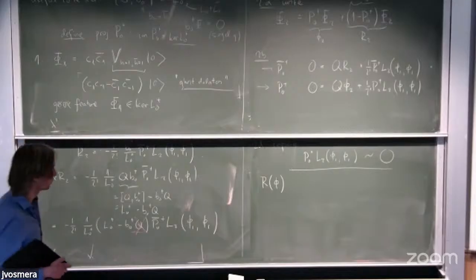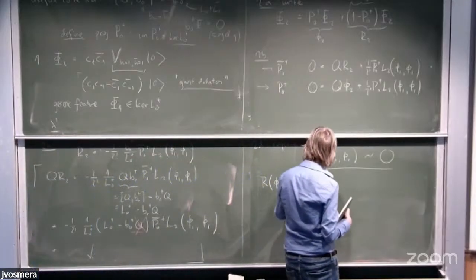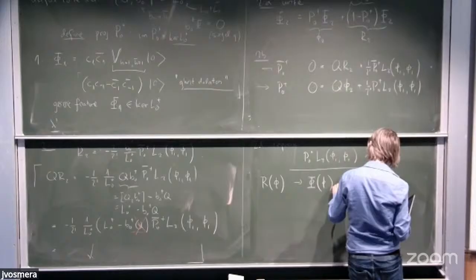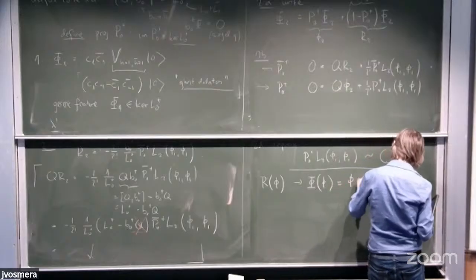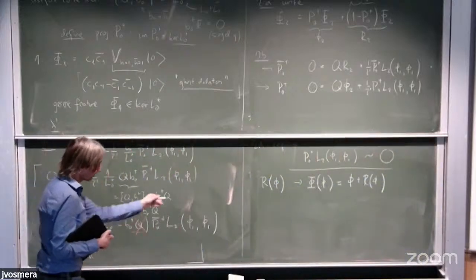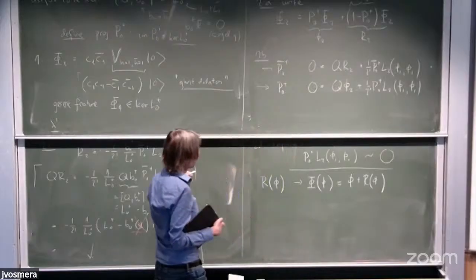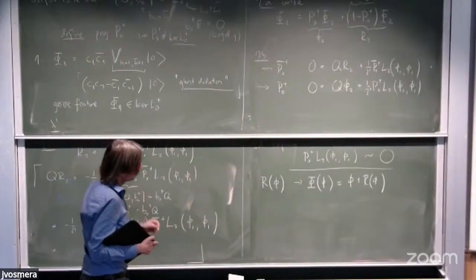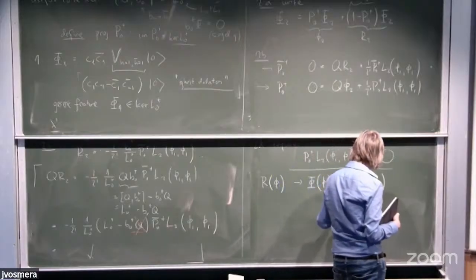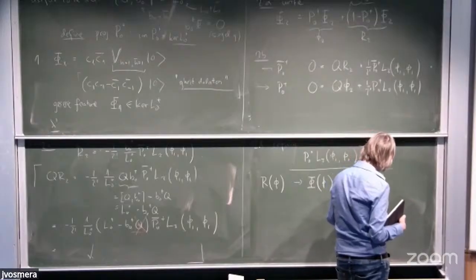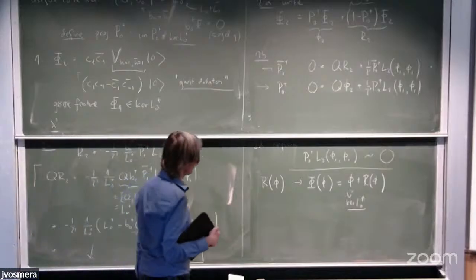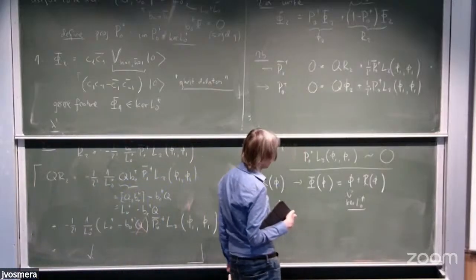One could then construct the string field capital Phi as a functional of this unsolved string field lowercase phi, defined as phi plus R of phi, and substitute this back into the action. That of course will yield an effective action for the string field lowercase phi, which is defined to lie inside of the kernel of L0. And actually, that is algebraic. That is a very neat procedure.